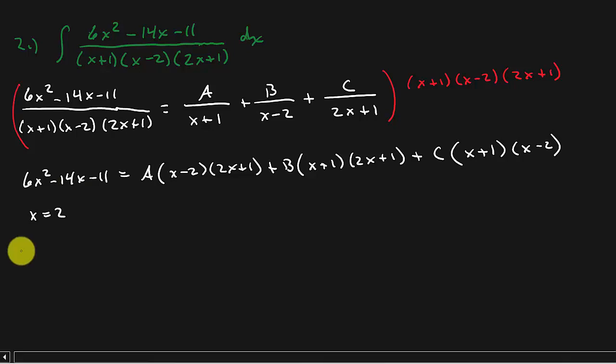Okay, so that's going to give me negative 15 equals, and then when I plug 2 into here, that's going to be 2 plus 1 is 3, and that's going to be 5 when I plug the 2 in, so 3 times 5 is 15, so that's 15a. And so a is equal to negative 1.